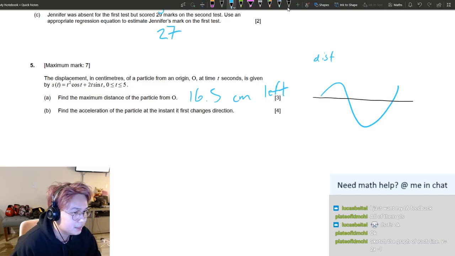If your distance graph is above the x-axis, then you are to the right. And if you follow this graph, you are moving towards the right up until our very first maximum point. And then you get closer, so this means that you change direction right here.